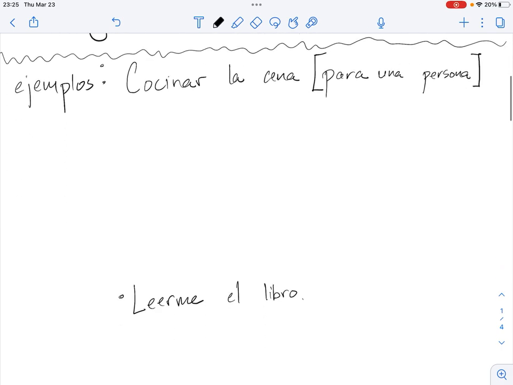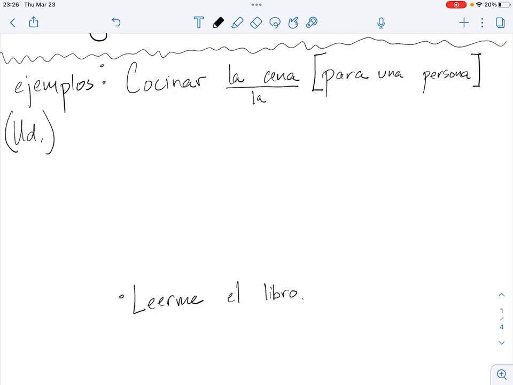So let's play with some examples here. Let's say cooking dinner, and we'll vary who the indirect object is. We have cocinar la cena. So la cena is always going to be, as a pronoun, la. So let's do usted. An usted command.